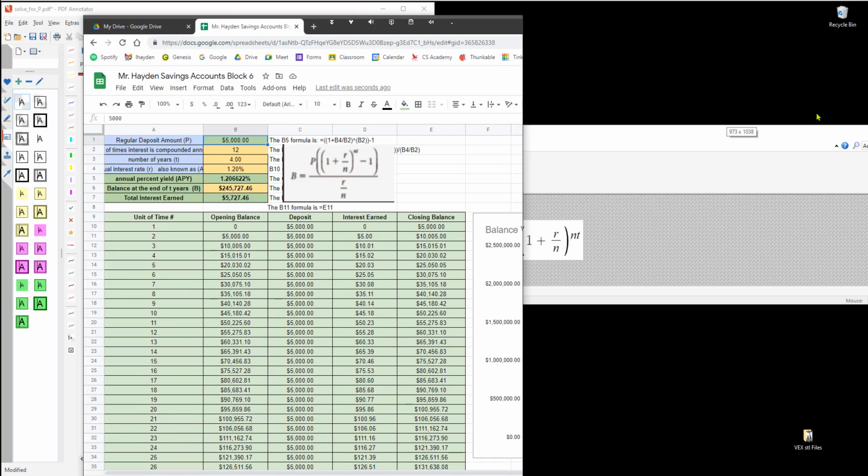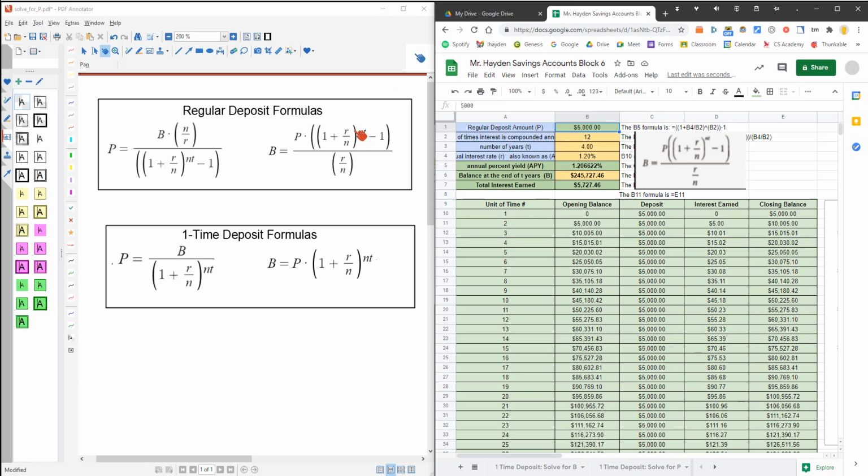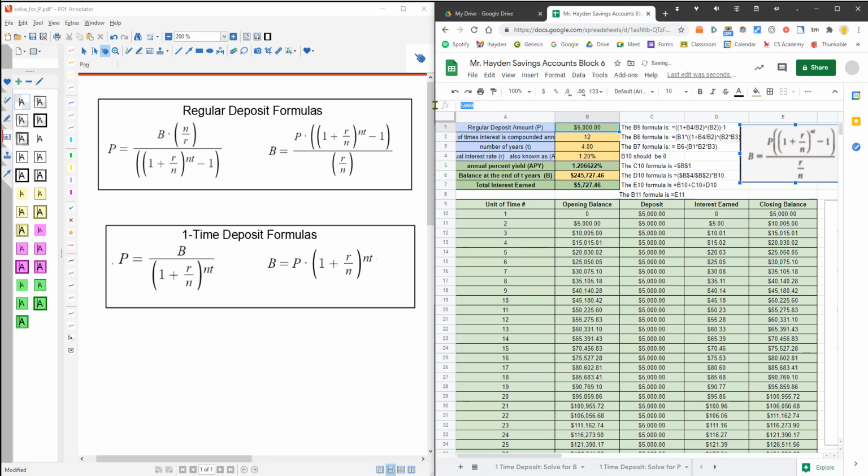So let's look at our formula for B. It looks a little bit nasty, but let's see if we can do it.